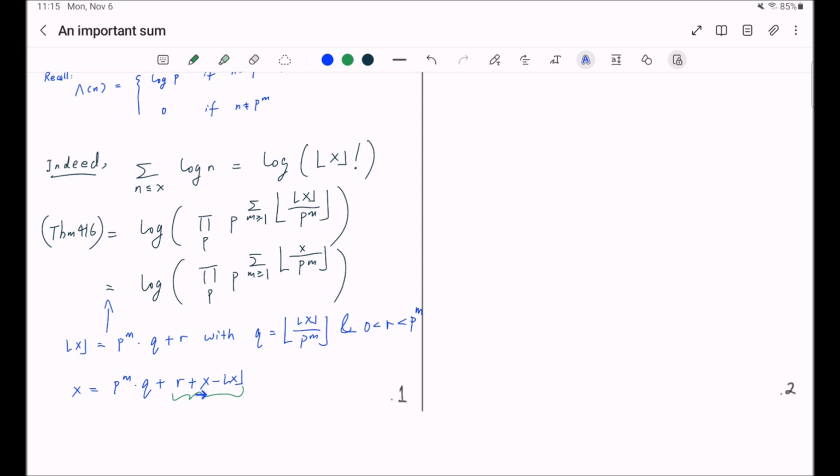But these three terms together are still less than p to the m, because x minus floor of x is always strictly less than 1.